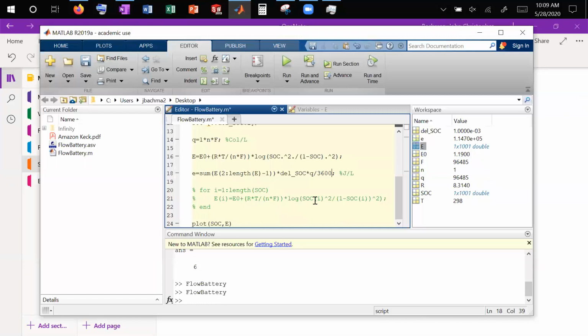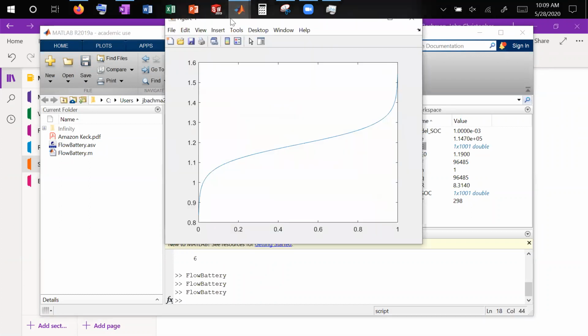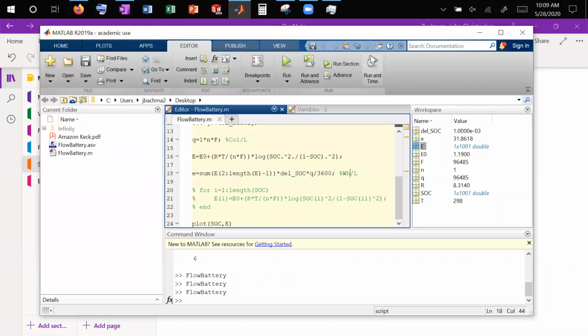And this is going to be per liter still. So now this is going to be watt hours per liter. Right, so we got about 30 watt hours per liter. Okay, that's not bad. So we could do 31 watts for 1 hour for every liter of solution.